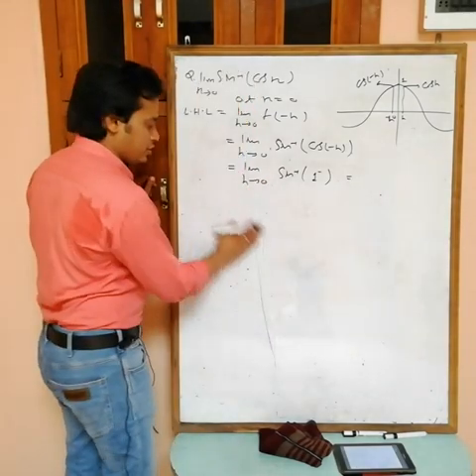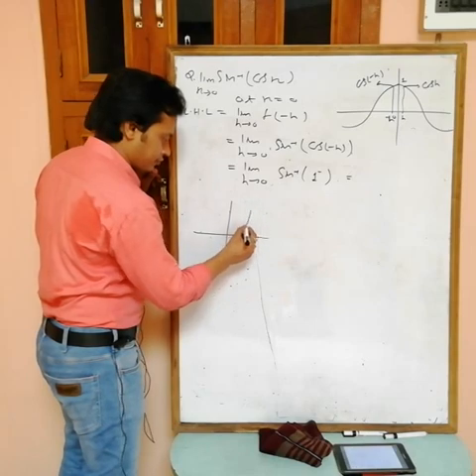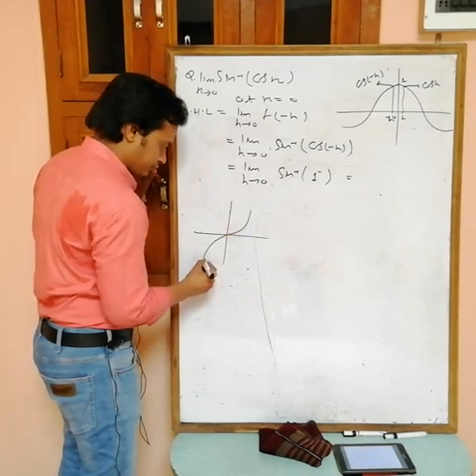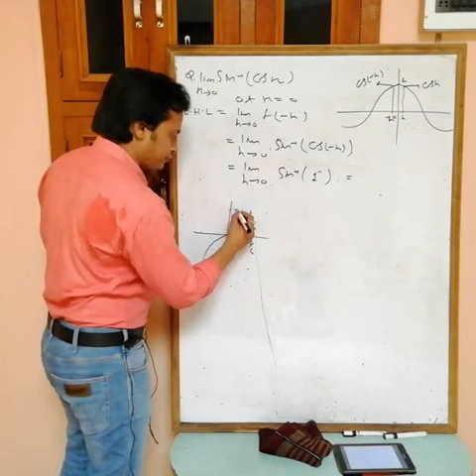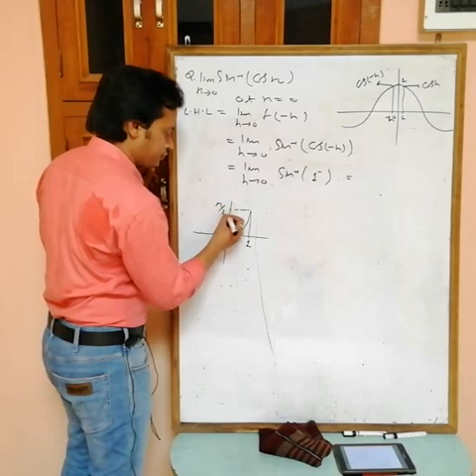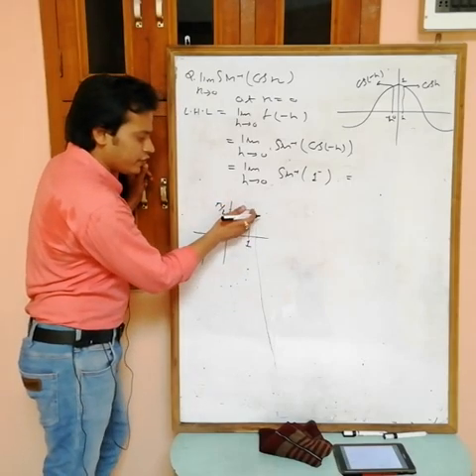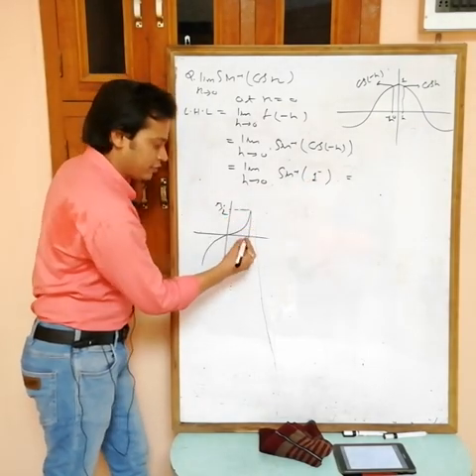Sine inverse 1: if you find the value, this is the graph of sine inverse. Here we have 1, and this one is pi by 2. So sine inverse 1 is equal to pi by 2, but here we didn't have exactly 1, it is just less than 1.